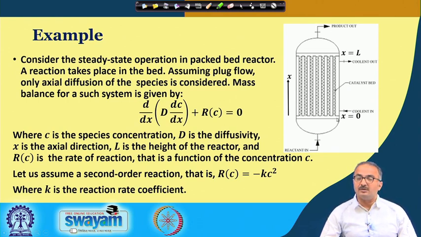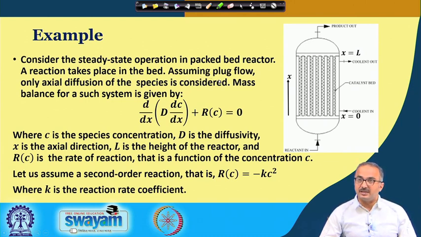And here for the mathematical analysis, we have shown an axis, that is the x axis, which is having the origin at the base of the particular catalytic bed, and on the top we have the length of the catalytic bed or the packing. So it is mentioned that we assume plug flow.